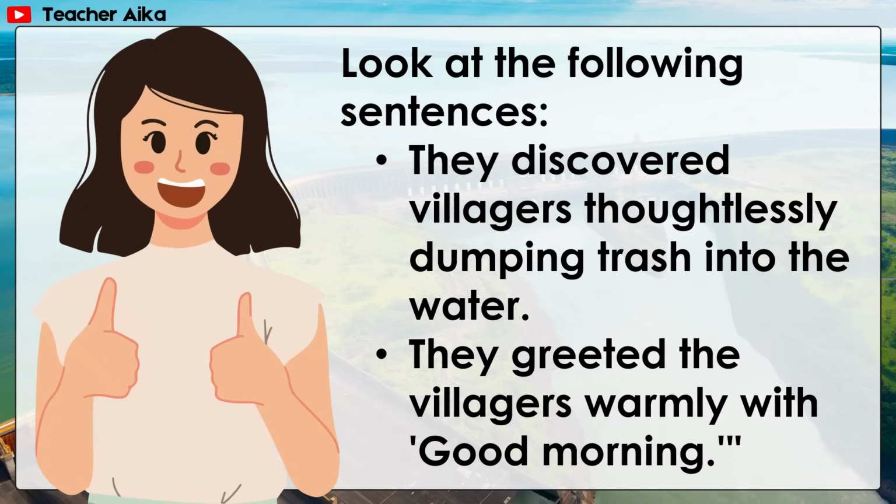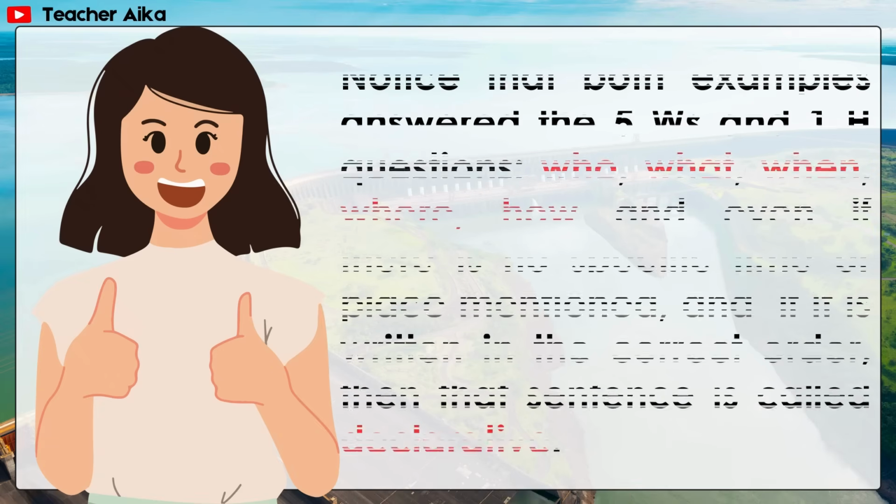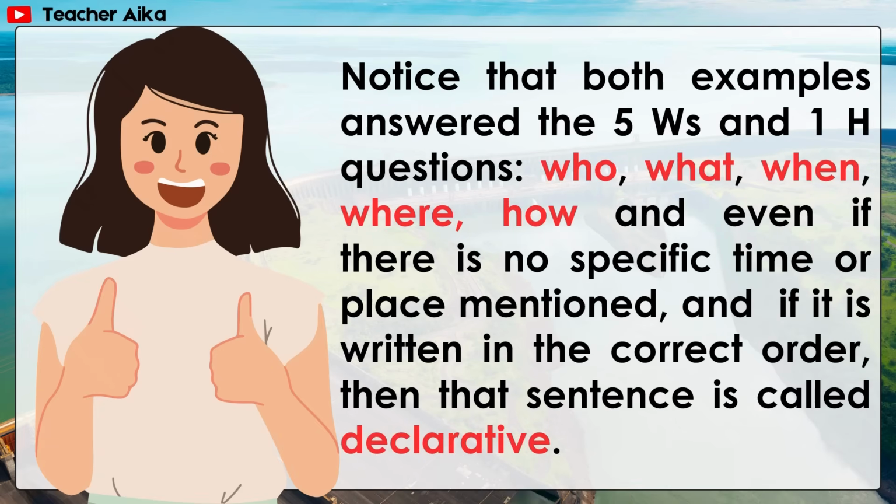Look at the following sentences. First, they discovered villagers thoughtlessly dumping trash into the water. Second, they greeted the villagers warmly with good morning. Notice that both examples answered the 5 W's and 1 H questions: who, what, when, where, how.